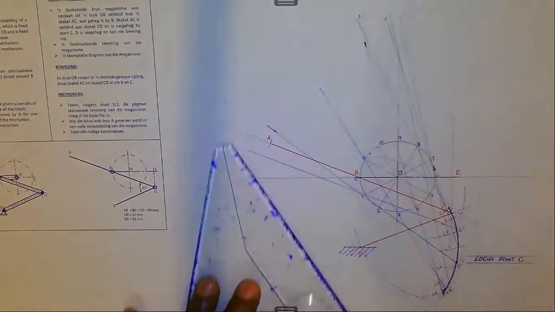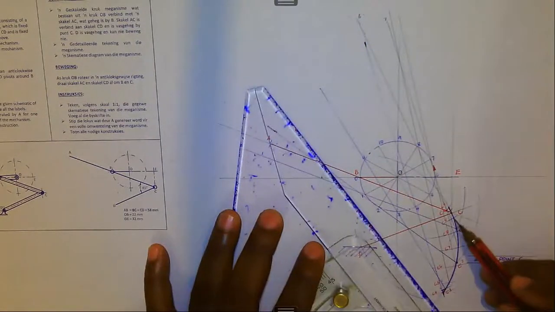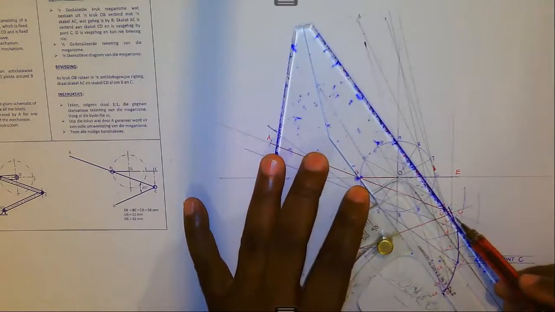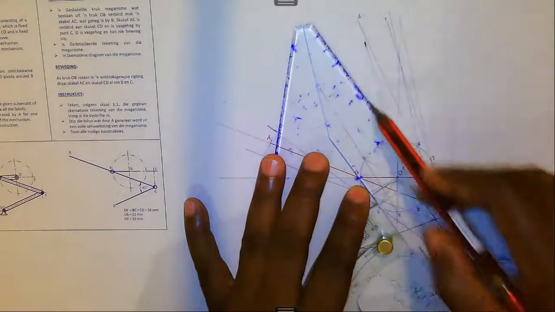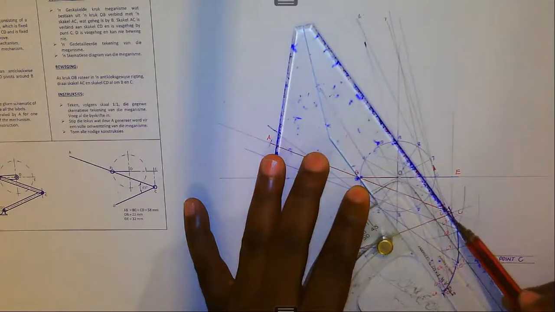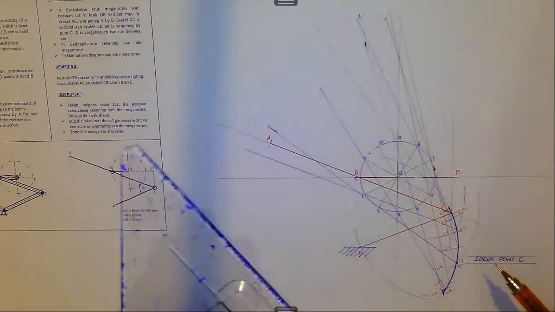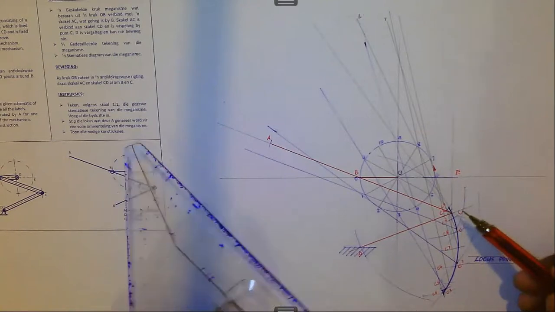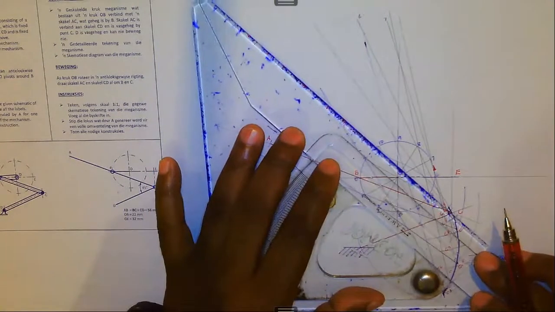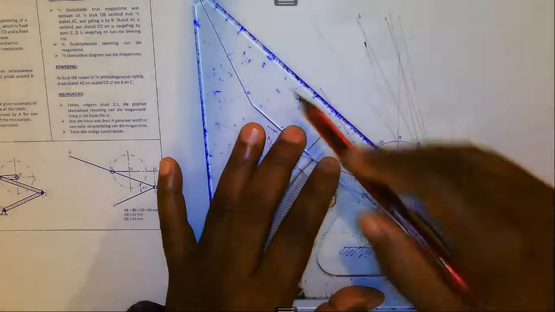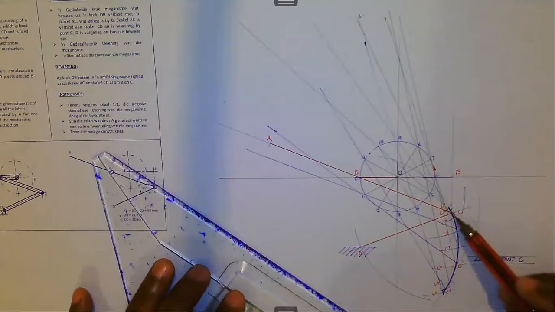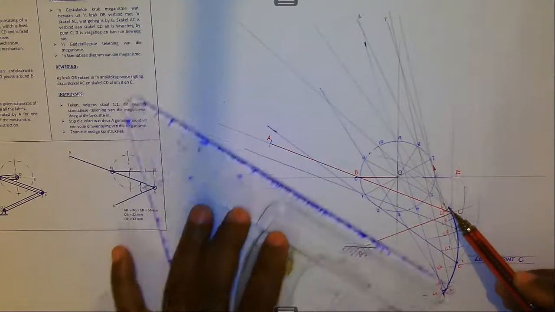Let me also indicate for reference purposes. Then we've got 9. Then 10. Then 11.